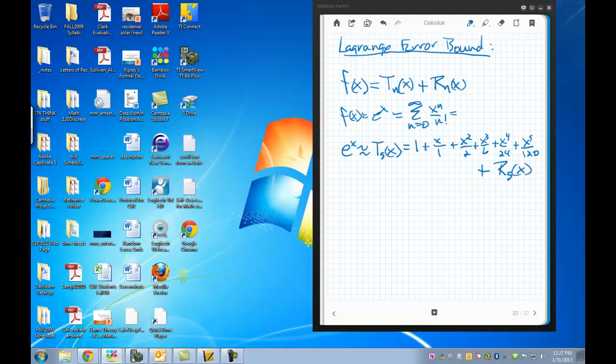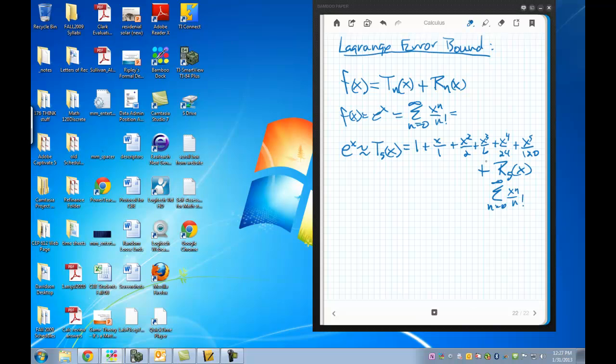Now, we could write that if we had to. That would just be the sum as n goes from 6 to infinity of x to the n over n factorial.